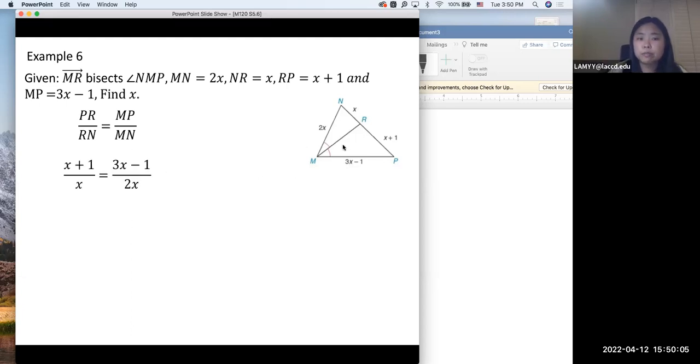Okay, plug it in. x plus 1 over x equals 3x minus 1 over 2x. And then use the cross multiplication method. Okay, hey, try your work and then distribute the x.